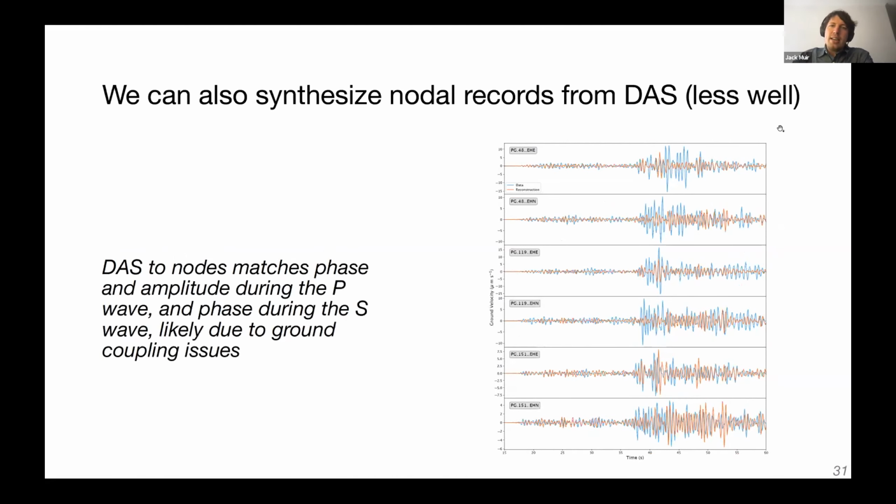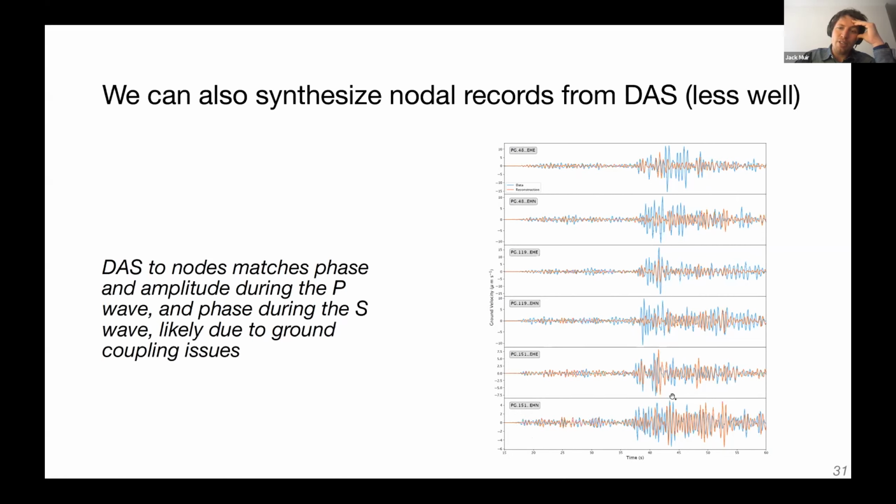We can also synthesize the nodal records directly from the DAS. So this is just doing Wavefield reconstruction on the DAS by itself, and then trying to synthesize what the velocities of the nodes should be. And in this case, we typically match the phases okay. In the P wave, which is at the very beginning of the records, we can match both the amplitudes and the phases quite well, actually.